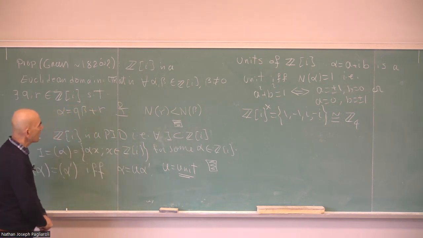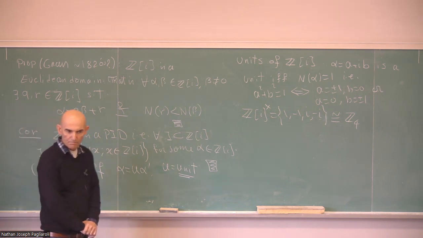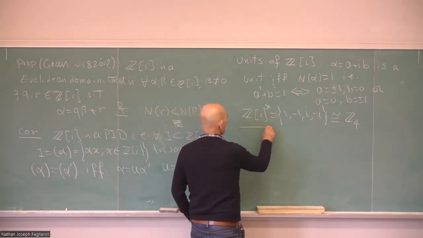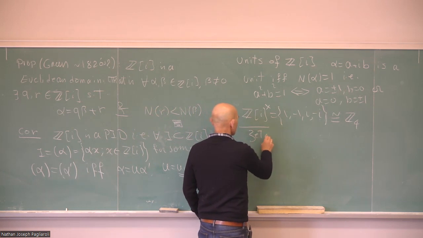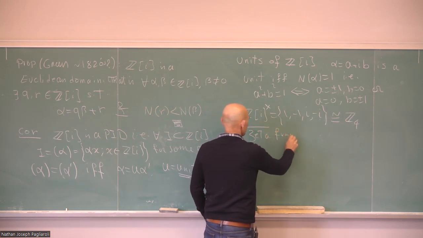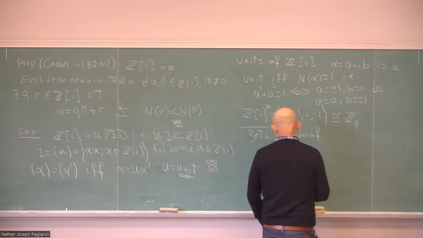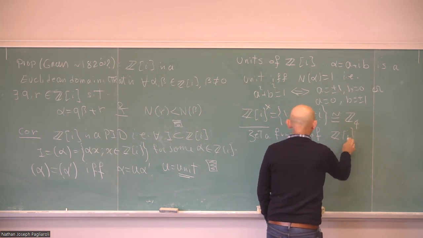So, okay, now I can write down at least one expression for the Dedekind zeta function then. So the zeta function of Z[i], Gaussian integers.